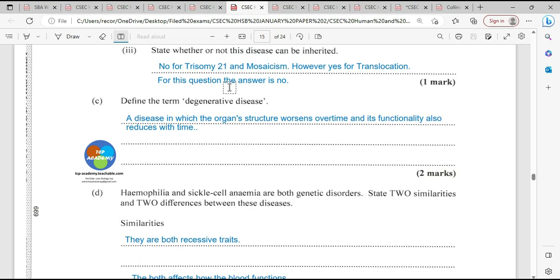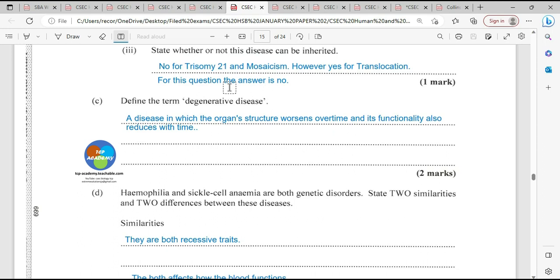And there's also another type of Down syndrome called mosaic. No for mosaic as well. And then the third type of Down syndrome, translocation, for that one, it would have been yes. But on the paper today, the answer is no. This type of Down syndrome cannot be inherited.